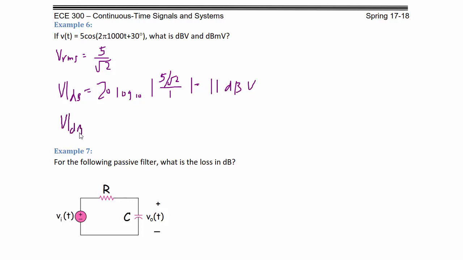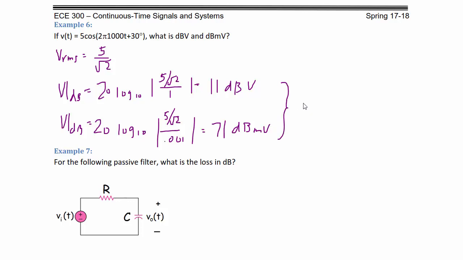And the voltage in dBmV would be 20 log base 10, 5 over the square root of 2, and that's in volts, divided by 0.001, that would be millivolts, and that equals 71 dBmV. And once again, we see that these are both levels.